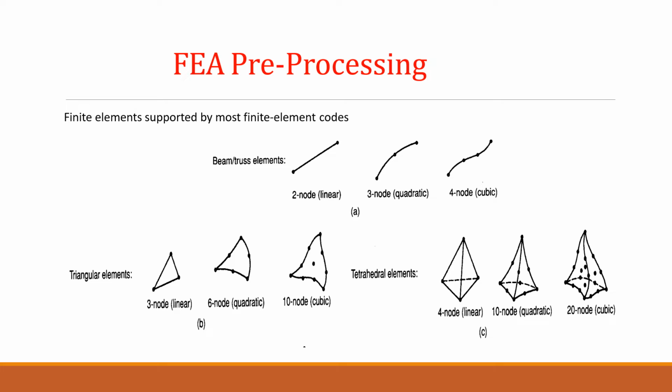The triangular elements have 3 nodes, 6 nodes and 10 nodes, and they are considered as linear, quadratic and cubic respectively, or else we can say 1D, 2D and 3D. In the tetrahedral elements, likewise the triangular element, it is 4, 10 and 20.